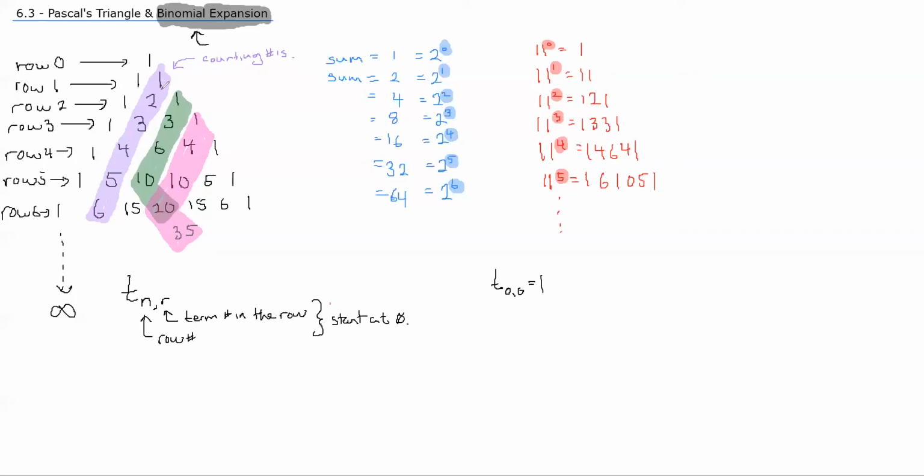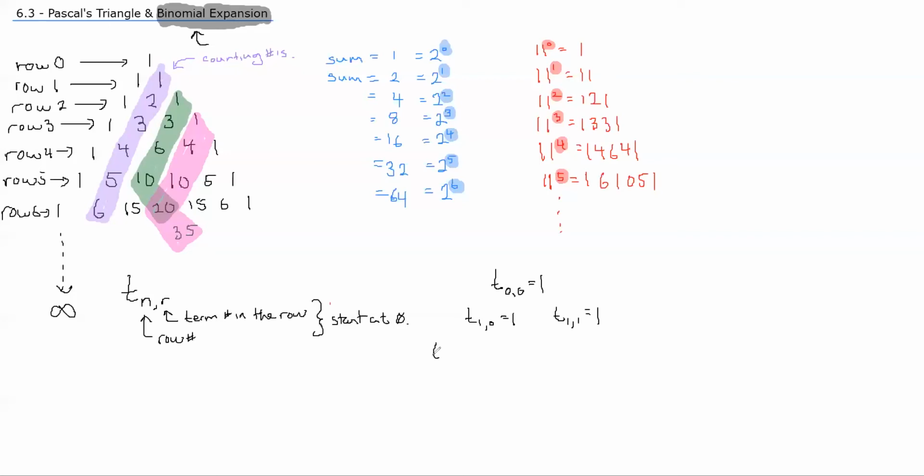What about the next one? These two 1 values are in the first row. The first one is actually the 0th term. So take a look. In the first row, the 0th term is 1, and in the first row, the first term is 1. I know it's a little weird, but Pascal's triangle requires a different system, so try to get used to it.